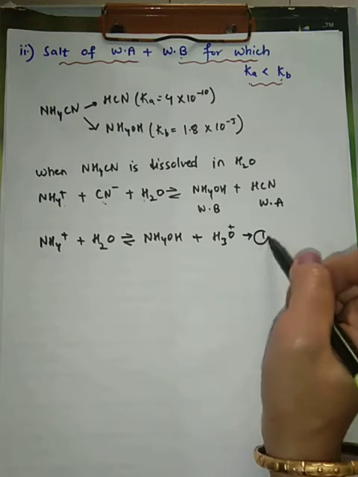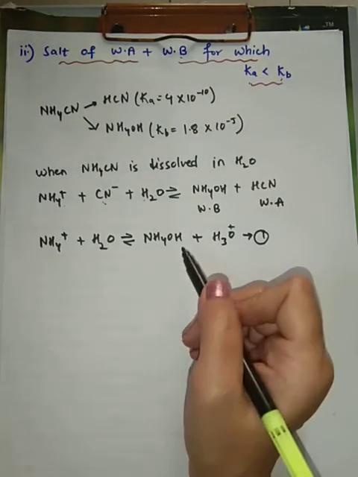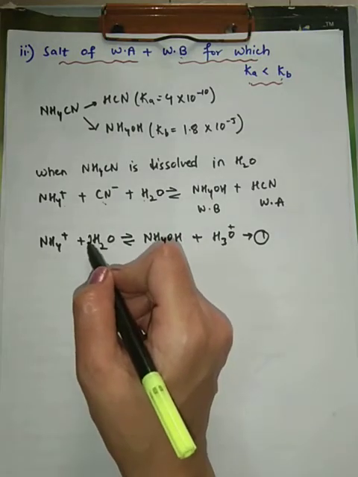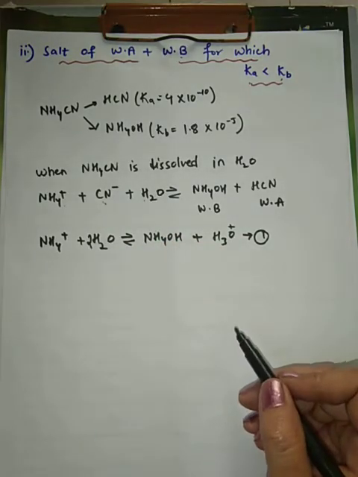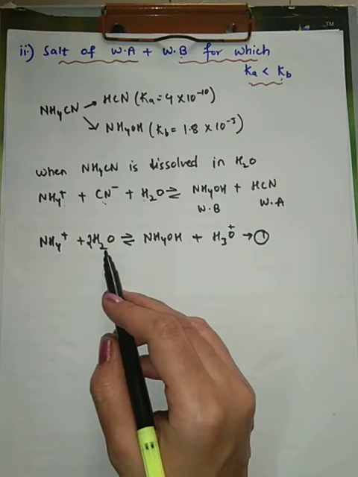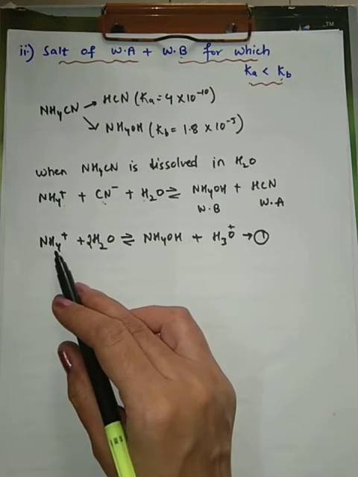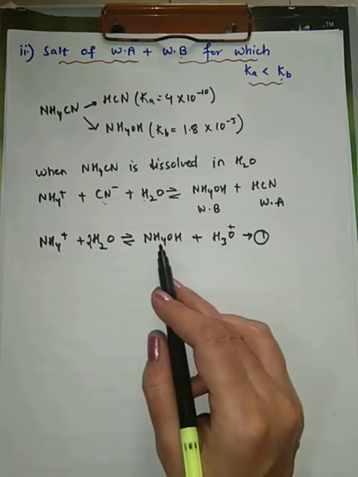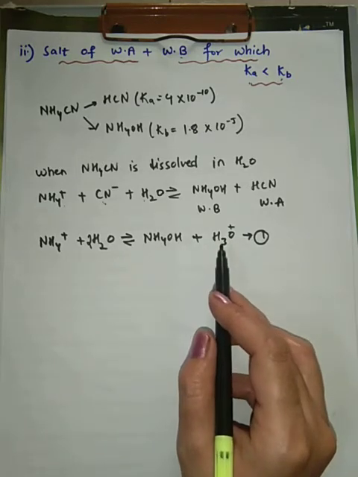Let us say this is equation 1. The reaction is not balanced. We have 2 oxygen here, so simply we will write 2. Now 4 hydrogen from water and 4 here, total 8 hydrogen on LHS. Here also we have 8: 4 plus 1 is 5, and 5 plus 3 is 8.